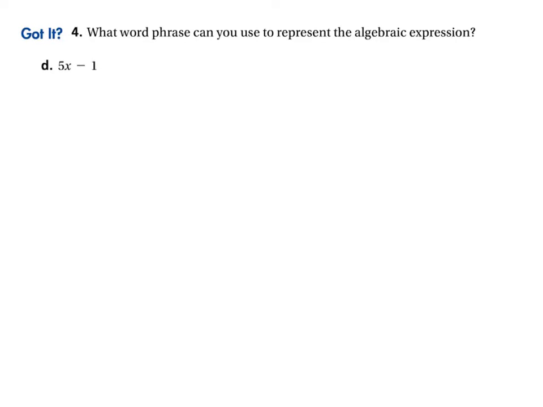What about this? 5x minus 1. It can be written as 1 less than 5 times a number.